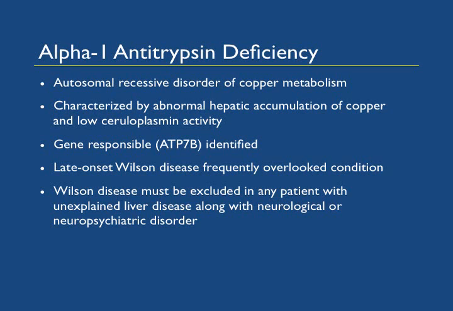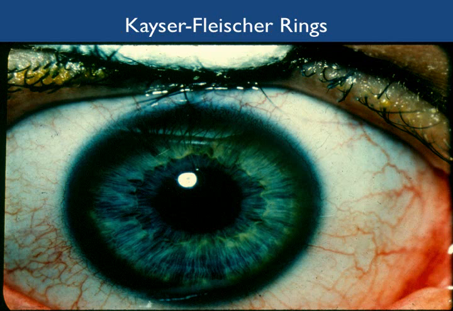Wilson's disease must be excluded in any patient with unexplained liver disease along with neurologic or neuropsychiatric disorder. Illustrated in this slide are the characteristic Kayser-Fleischer rings, the brown discoloration in Descemet's membrane in the cornea of a patient with Wilson's disease, and copper deposition in the central nervous system.